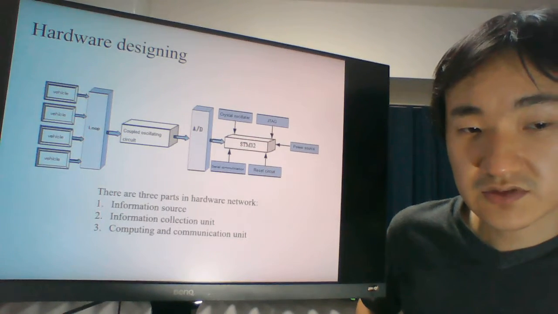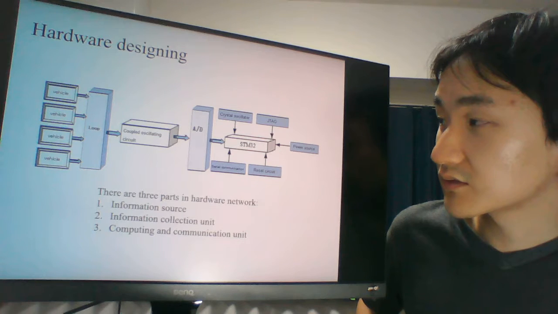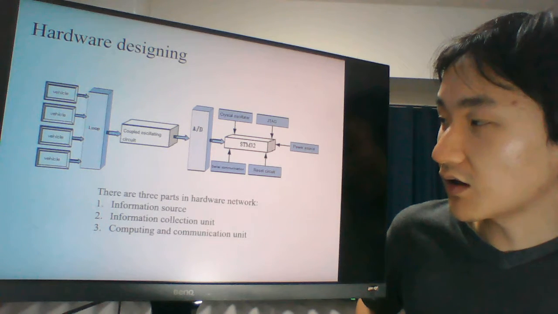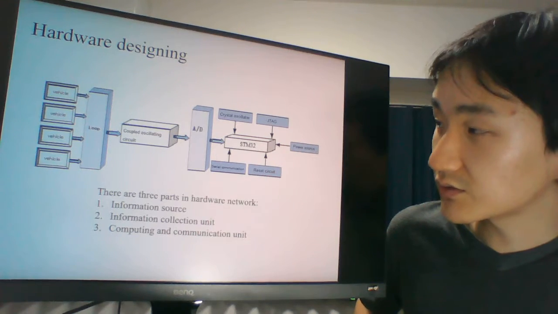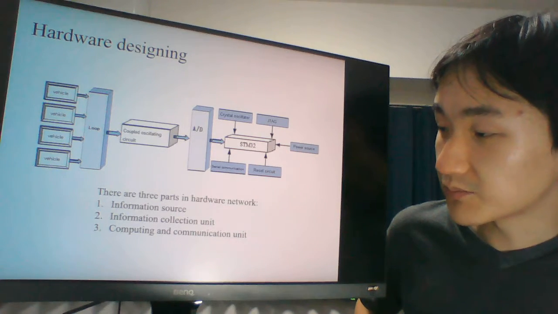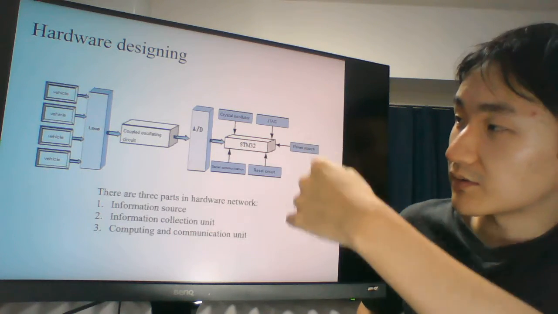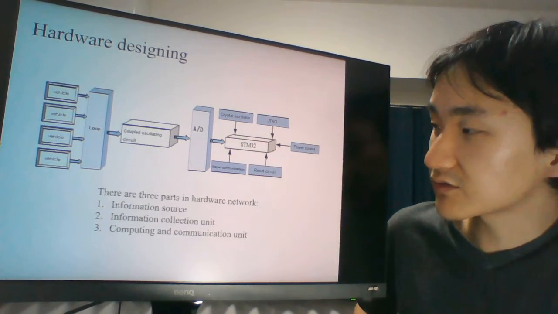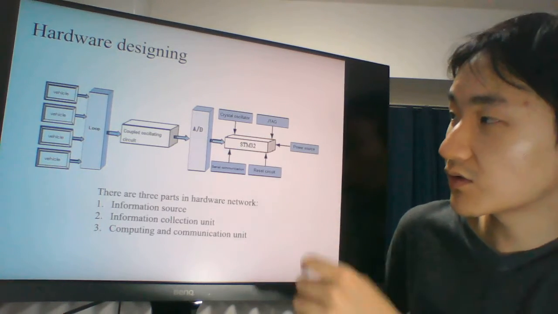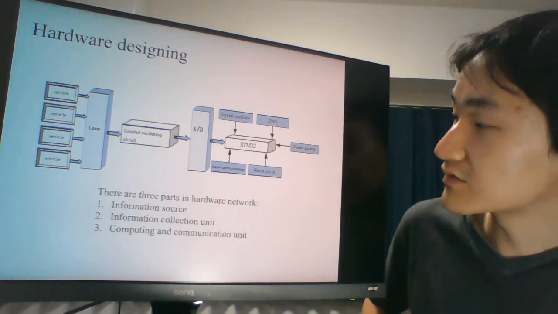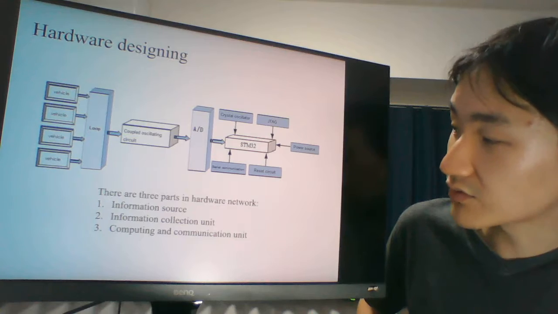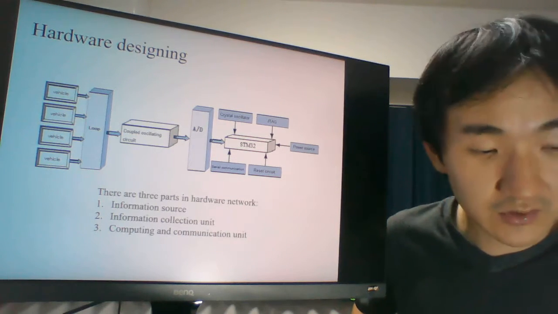And third, the computing and communication unit, for which I chose the STM32 as our computing unit. And here are some supporting circuits, like crystal oscillator, JTAG, power source, reset circuit, and serial communication.